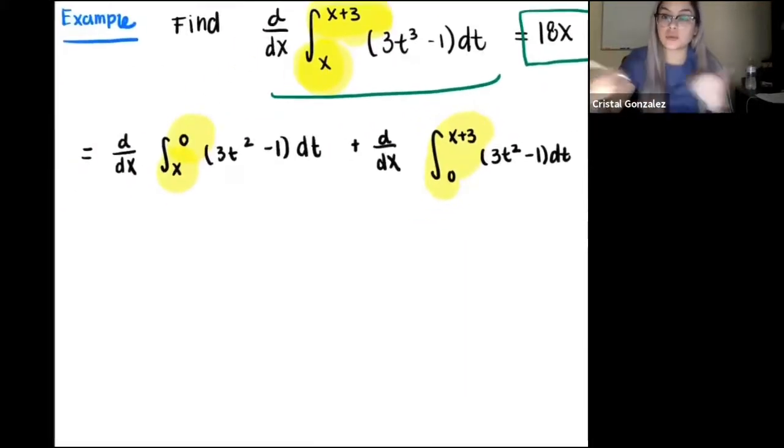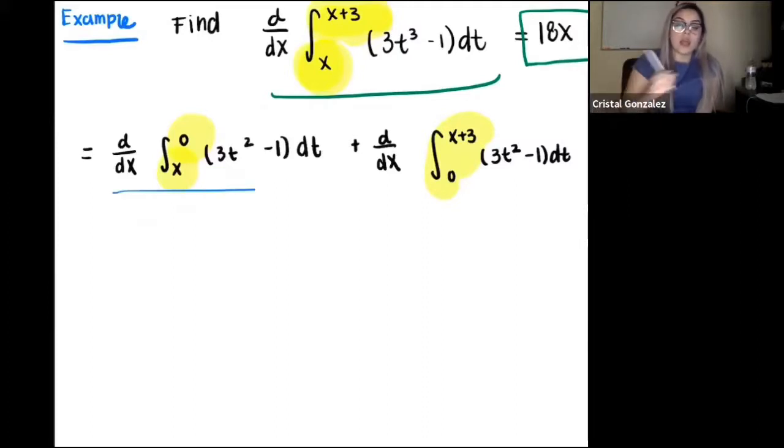But we still need to do that u substitution. Now what we're going to do is manipulate this piece here in order to be able to apply it just like I will for the second piece.